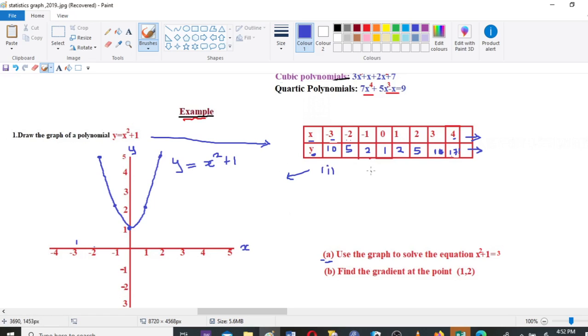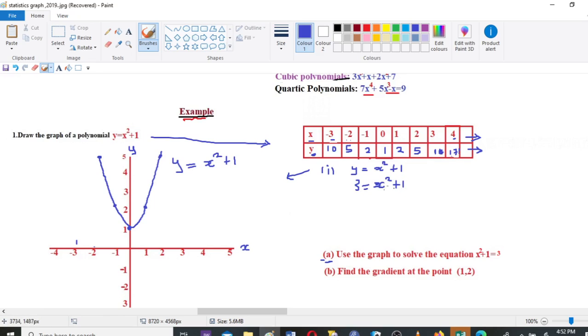So what we do, we subtract. The equation that we have used to draw our graph, which is y is equal to x squared plus 1, we are going to subtract from it the equation that we want to solve, which is x squared plus 1 is equal to 3.